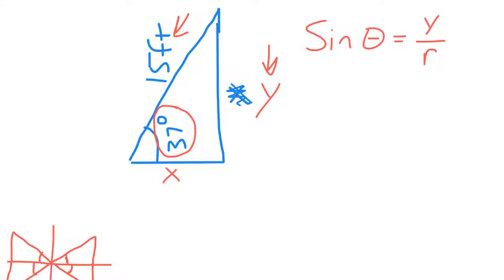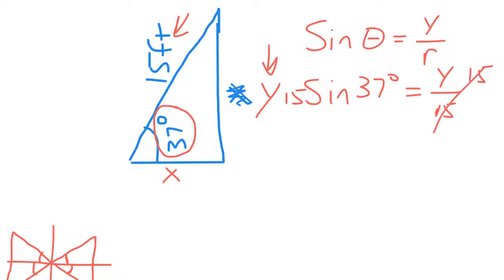And sine of the angle 37 is equal to y over 15. Now we'll multiply by 15, and we will know the y if we take 15 times the sine of 37. Again, focus on degree mode because it's 37 degrees. The y side in this triangle is 9.03 feet.